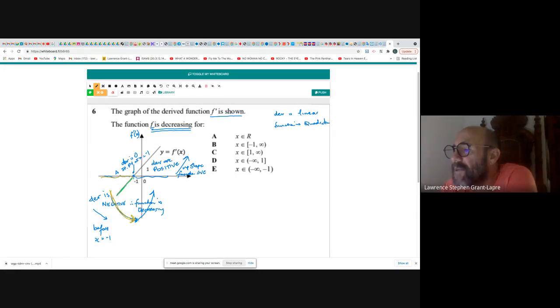They're all negative values underneath the x-axis. That means the derivative is negative, the function is decreasing. So we want from -infinity up to -1, but not including -1. You cannot have including -1 because it's actually decreasing before. At that point, it's no longer decreasing.